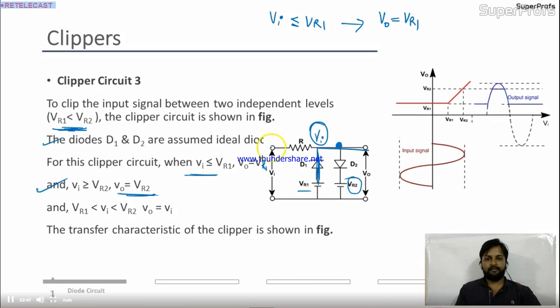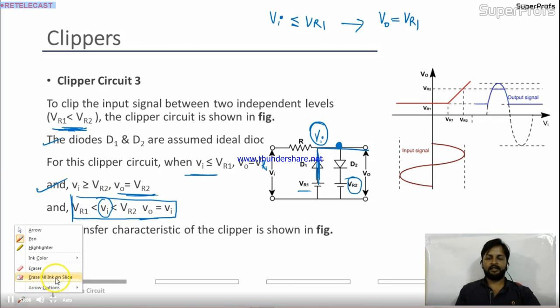But what if VI is greater than VR1 but less than VR2? Please try to understand this one because this one is important, and it is different from the previous two cases. Let me clear the diagram.